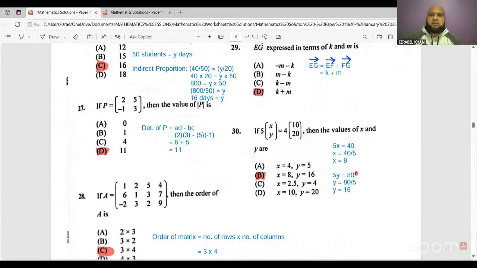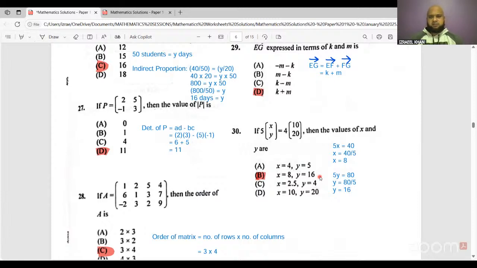We are going to divide the 80 by 5. Again, opposite of multiply is divide. What I mean by that, 5 is multiplied by y. So if I carry the 5 across, you will be doing the opposite, which is dividing. 80 divided by 5, like what we did earlier up here, you get 16. So x is 8, and y is what? 16.